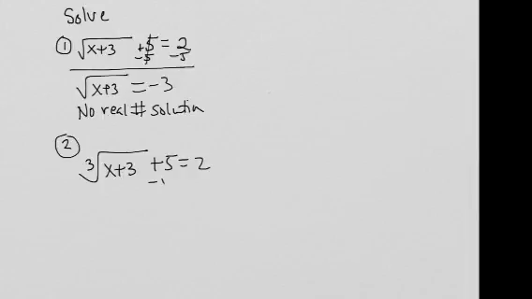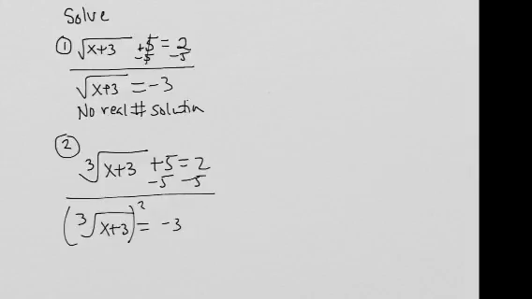You'd subtract the 5, cube root of x plus 3 is negative 3. Then we would raise both sides to the third power. And so you would have x plus 3 on the left, negative 27 on the right, subtract 3, so x would be negative 30.